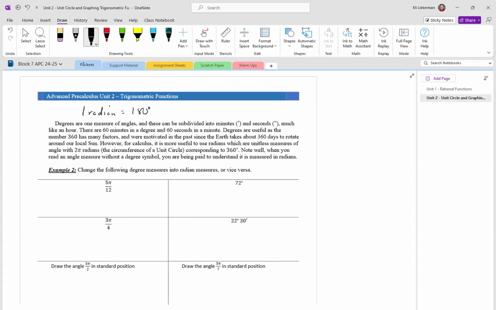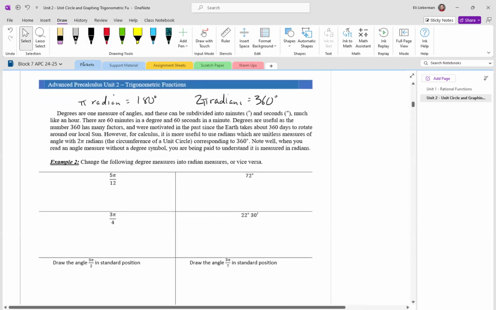And from that, of course, 2 pi radians would be equal to 360 degrees. I'm sorry, you're correct. It's pi radians and 2 pi radians. Sorry, that's a terrible mistake there. Pi radians is equal to 180. Thank you for knowing what I meant.